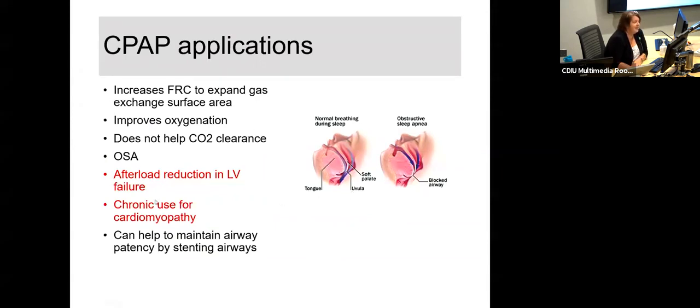By definition, it does not clear CO2, so just remember that. But it can help to stent open airways, so perhaps that might be the mechanism where you have better CO2 clearance. And again, we will use CPAP for afterload reduction.